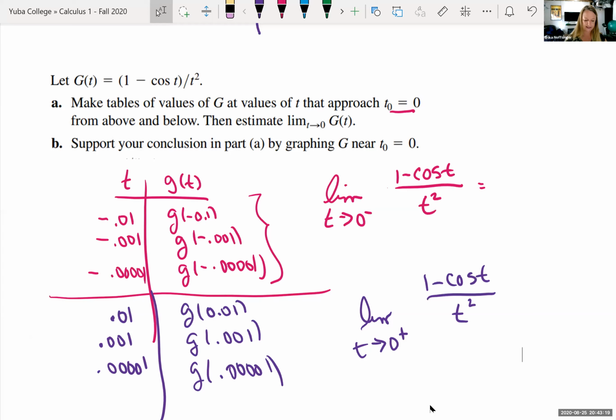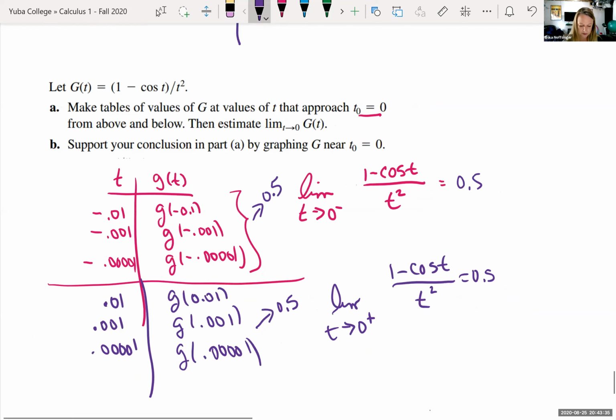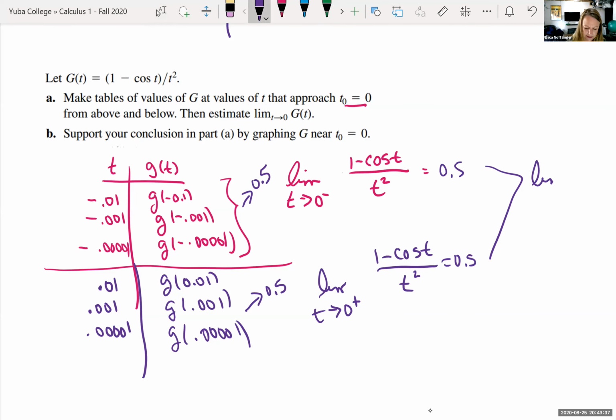But we could see that this was going to 0.5. This also went to 0.5, or 1/2. And this is the limit as t approaches 0 of this function, because left and right are the same, but there's an open circle there because it's undefined.